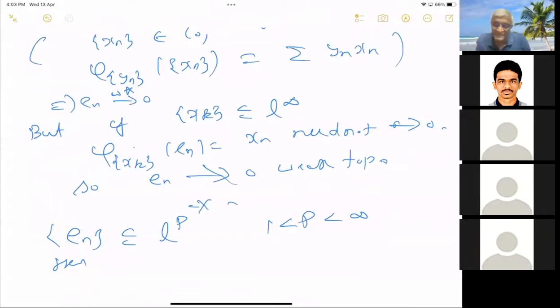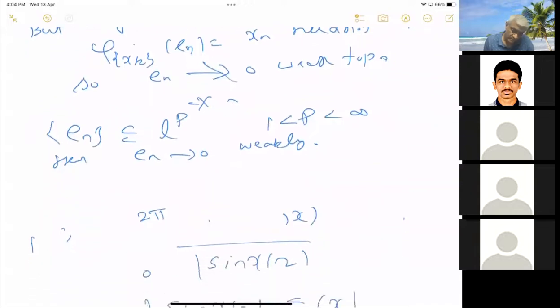The dual of L^p is L^q, where 1/p plus 1/q is equal to 1, and the dual of L^q is again L^p. Because of this, the weak topology and weak star topology coincide. There is no difference between them because they are reflexive. So e_n goes to 0 in the weak topology.